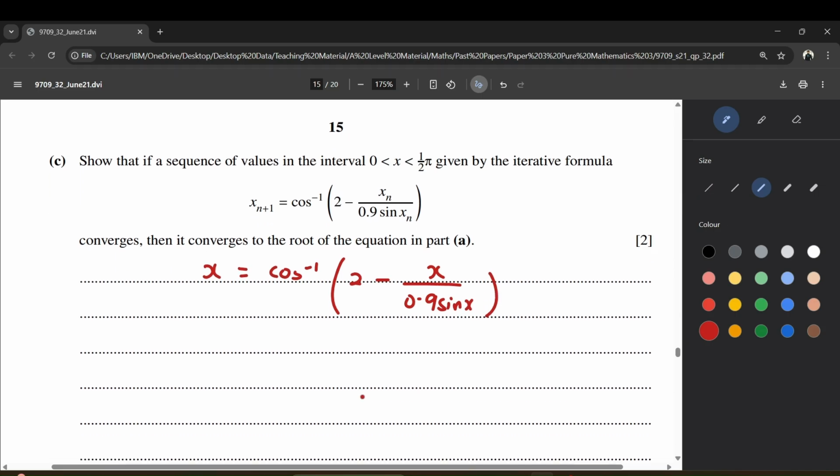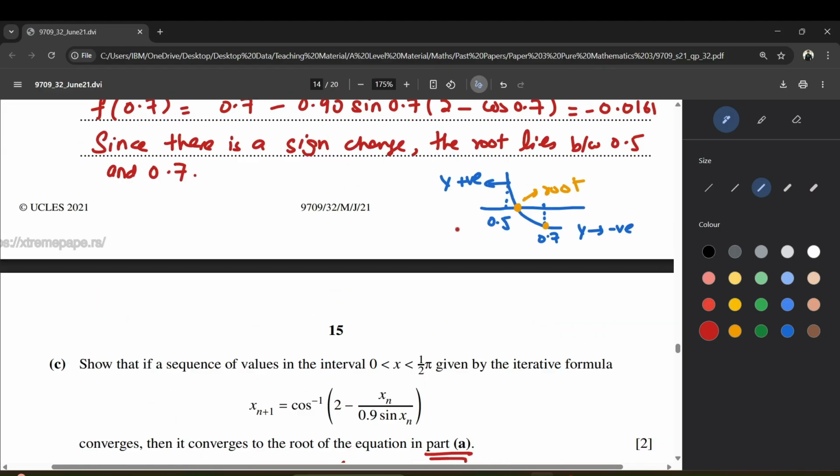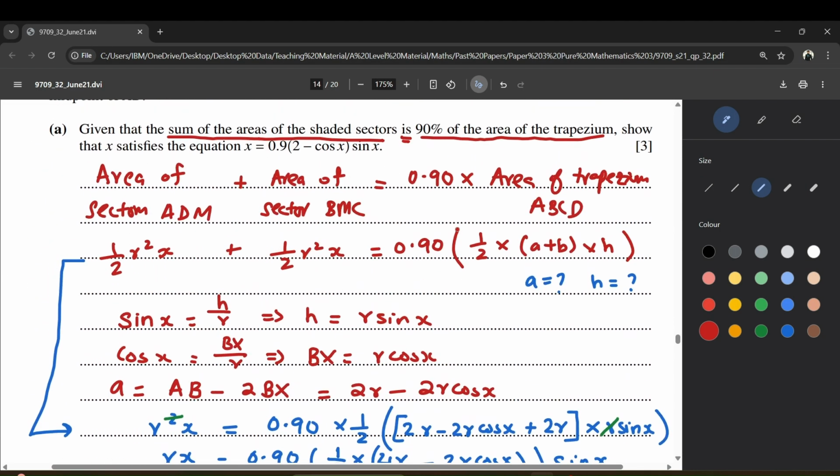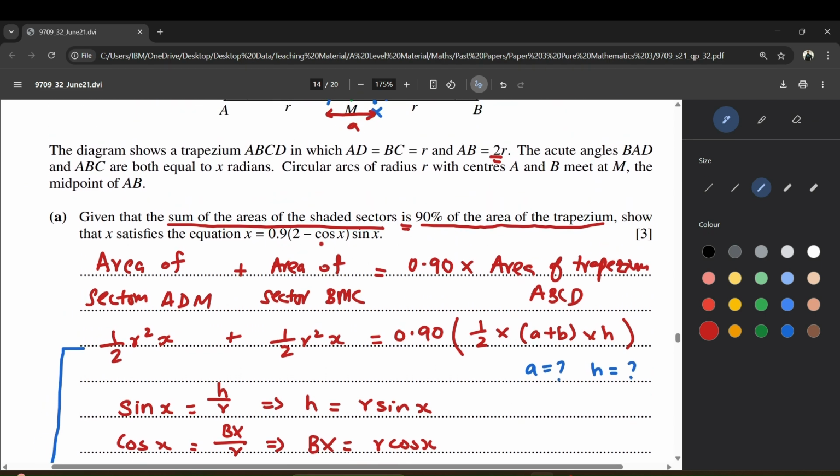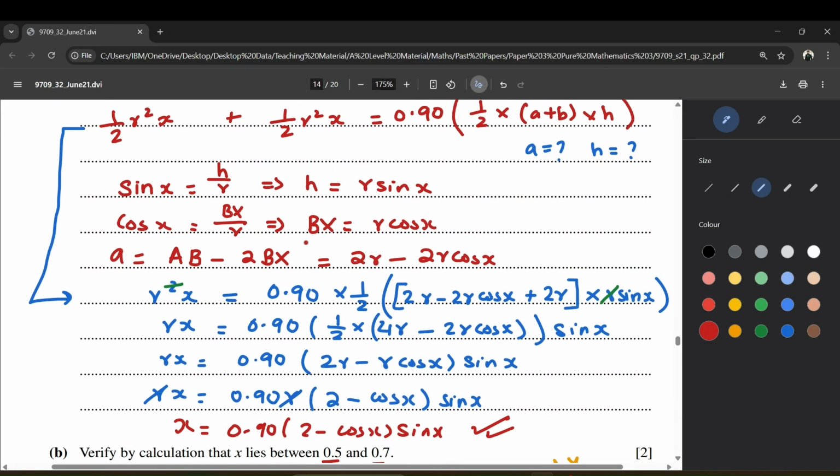Now I have to rearrange it and show that I end up with the equation that was given in part A. So what was the equation given in part A? This one. So this is what we have to show.